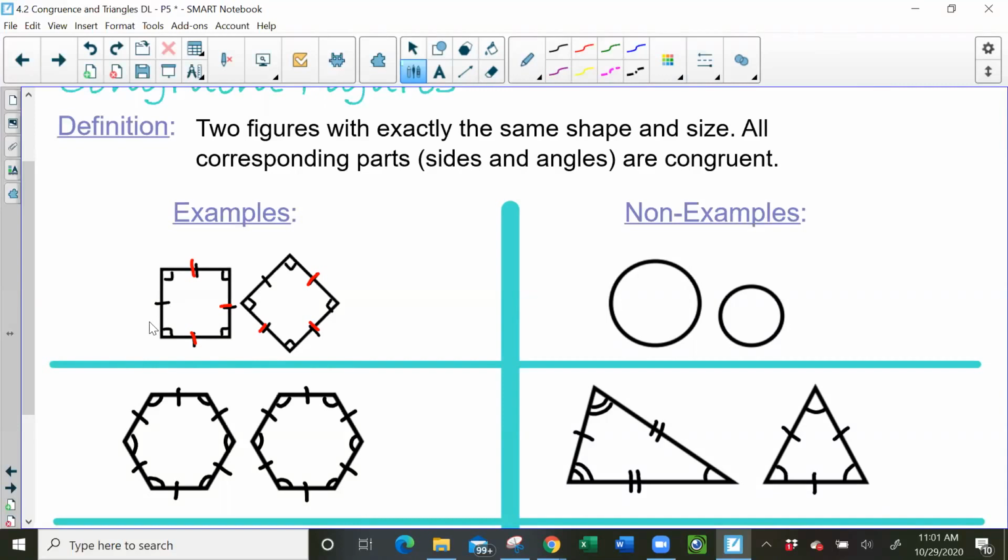So we know it's a square because all of the sides of the first square are equal to each other, and they're also equal to the corresponding sides of the other square. And all of the angles of the first one are 90 degrees, and so are all of the angles of the second. So those are corresponding parts and sides. Corresponding sides and corresponding angles are congruent. So that means that the 2 figures are congruent to each other. They're the same size and same shape.